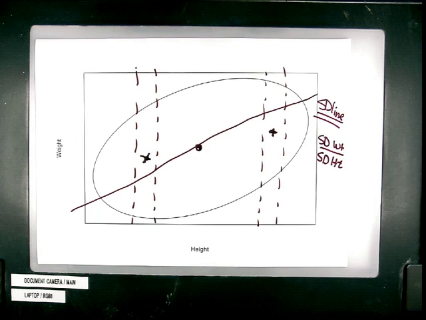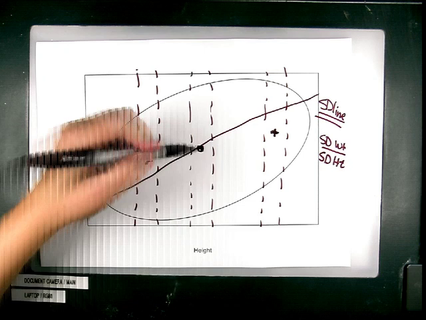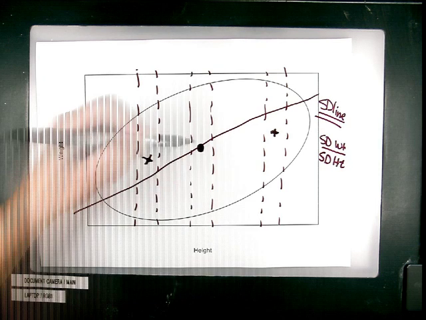Now we could continue to do this for other strips as well. Let's just do one more. What about the women who are average height? What's the center there? That looks like it should be right on that SD line.